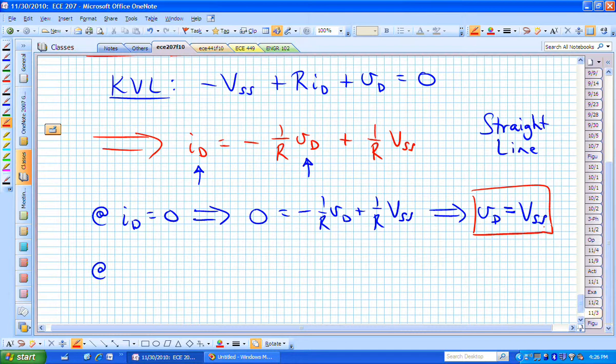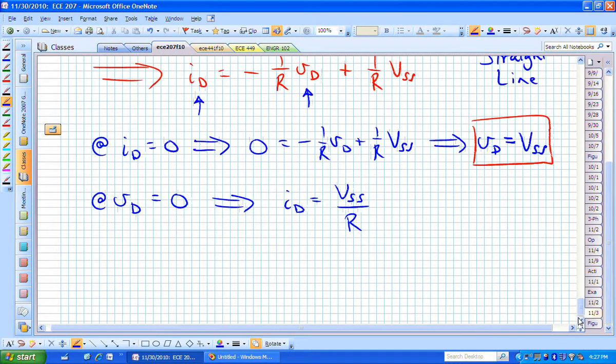Another point, well, that was pretty easy. Let's just set V sub D equal to 0. If V sub D is set equal to 0, that is pretty easy also. That says now that our diode current is just V sub SS over R, in terms of what we were given. So here's our second equation.